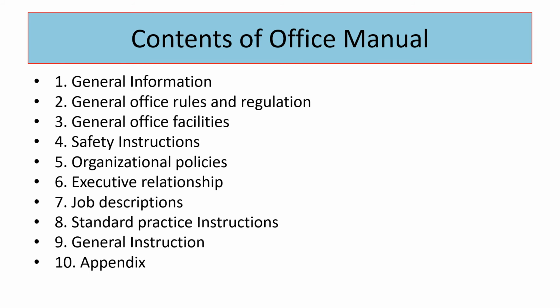The instructions indicate what should be done in the case of fire, accident, serious illness, or any other emergency. The name and address of the doctor or nurse who is in permanent service of the company is also mentioned.